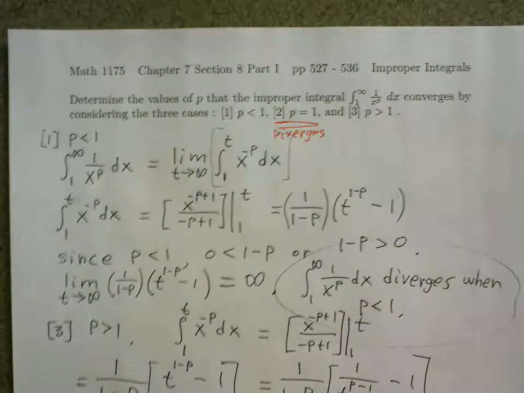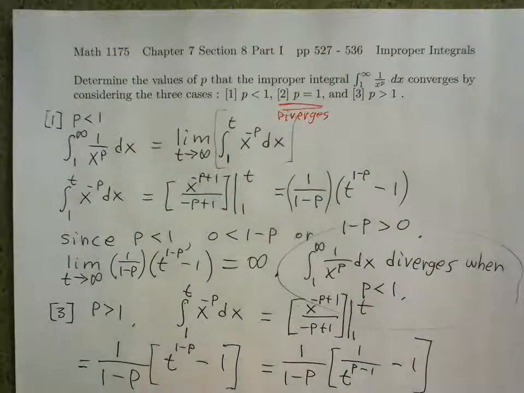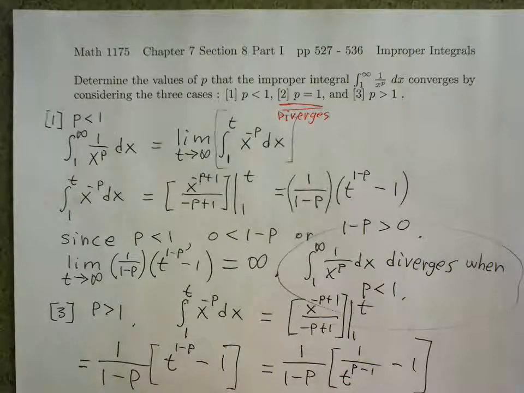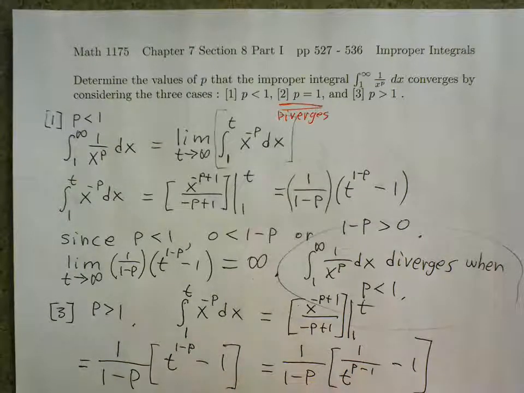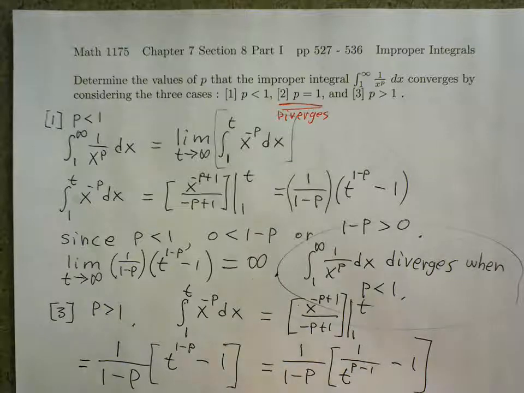And then when we take the limit as t approaches infinity, 1 over 1 minus p times the quantity 1 over t to the p minus 1 minus 1.